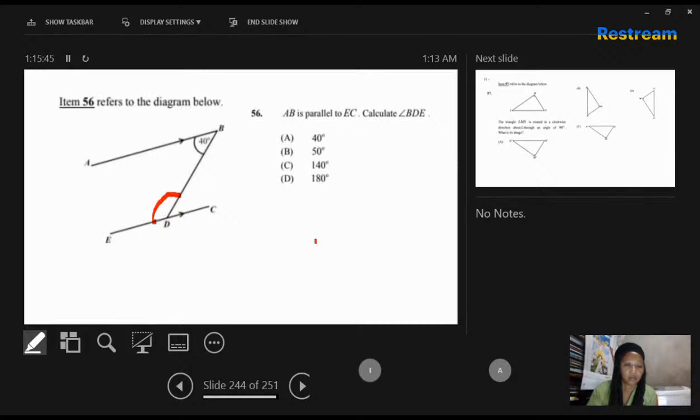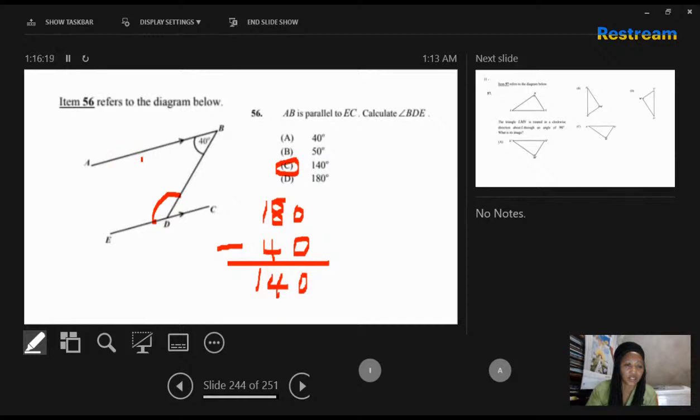Since the angle BDC would be 180 minus 40, that would give us BDE. So that would be C, 140 degrees. Correct.